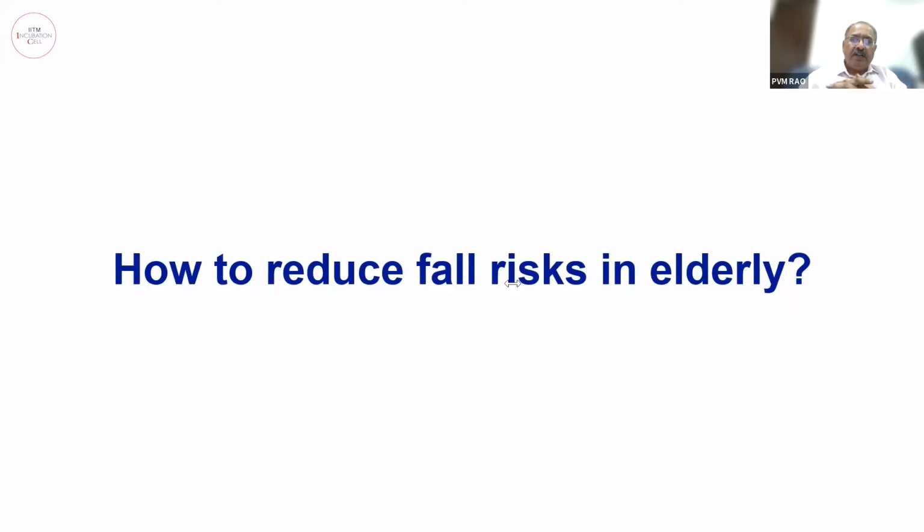So if you actually look at the kind of solutions which have come up, they vary anywhere from a new product development like a robo to something like provide a caregiver, which was the first solution. It says person to care always. That means you want to put another person to take care of elderly is also a solution.